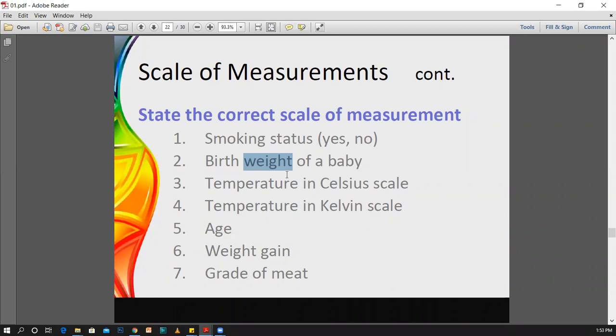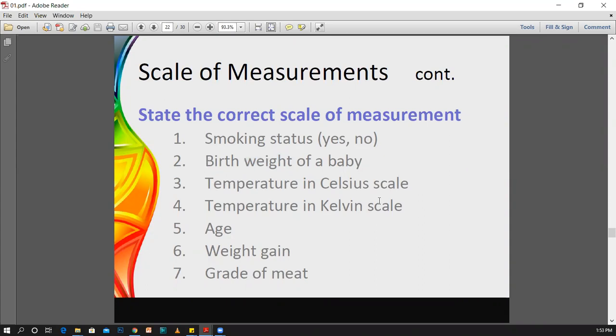But 0 Celsius does not imply that there is no temperature there. Even though it is 0 Celsius, there would be a temperature. But if it is 0 kilograms, then there will not be any weight. Therefore, we have a true 0 point in weight, and the second one can be considered under the ratio scale.